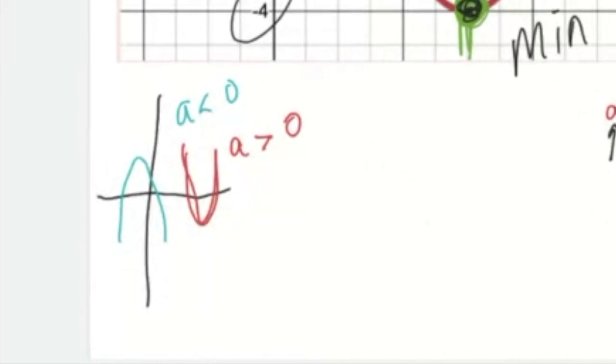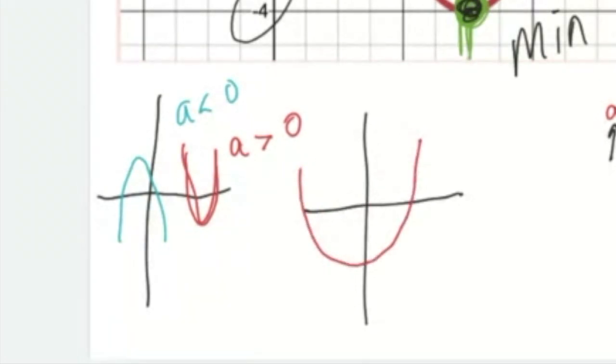Now the size of a represents another thing. The number of a tells us whether our graph is really big, like wide, like this, or skinny, like that.